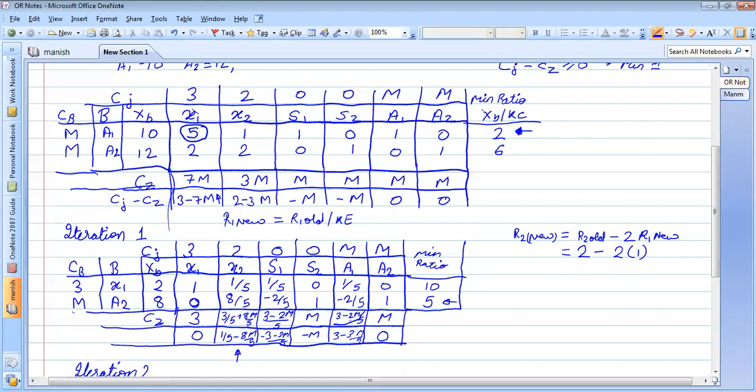Okay, then next we calculate Cj, then we calculate Cj minus Cz, isn't it?